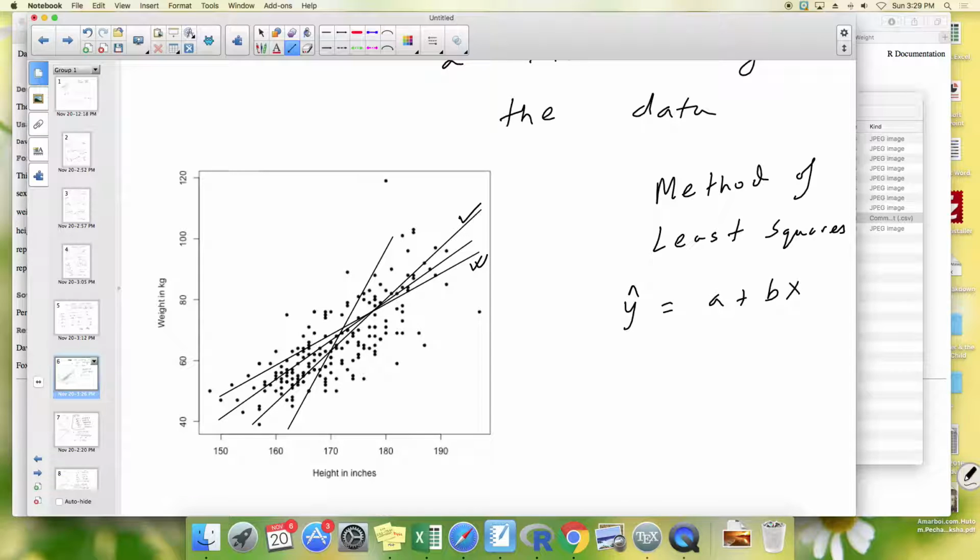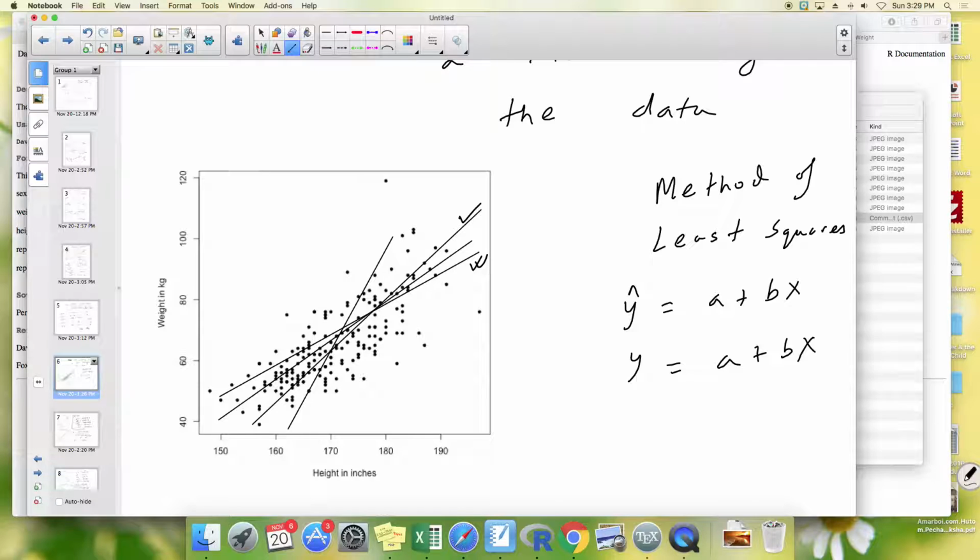Why did I write y hat? That's because I can write y equals a plus bx, but that's not really true, is it? The value of y is not exactly equal to a plus bx. So the estimated value of y is a plus bx.